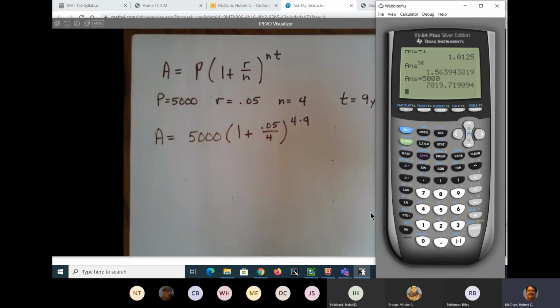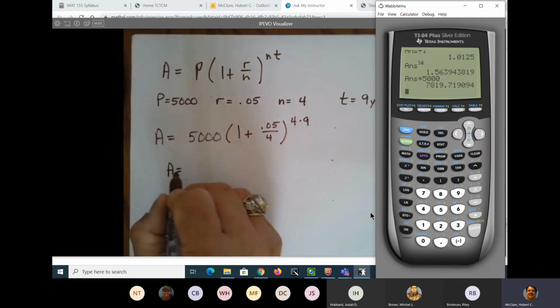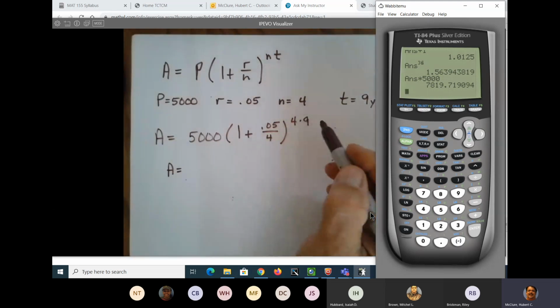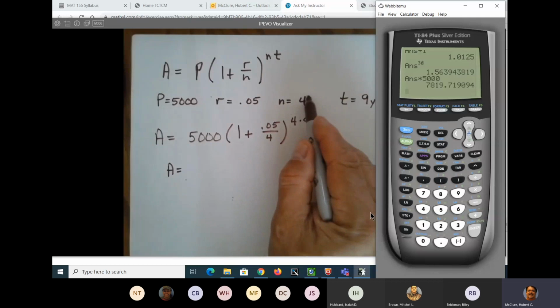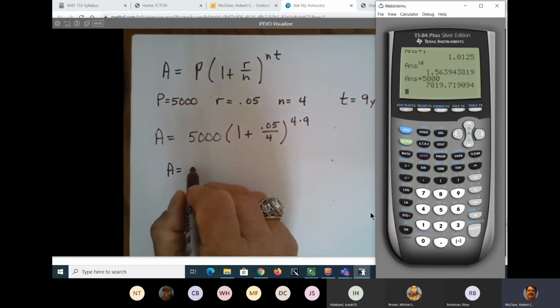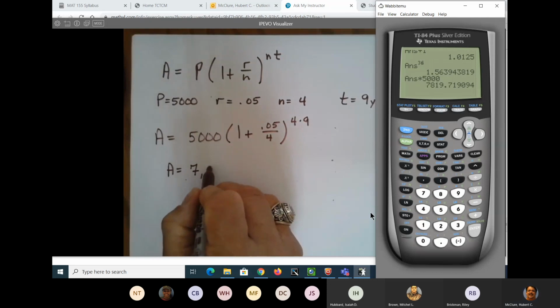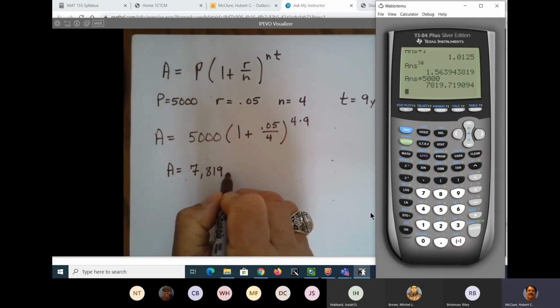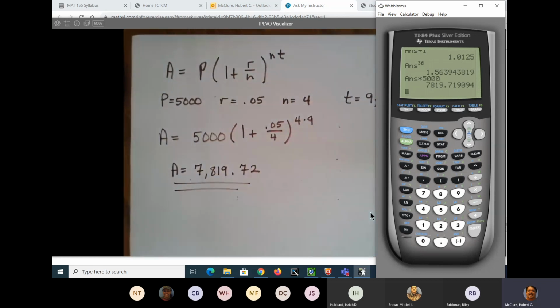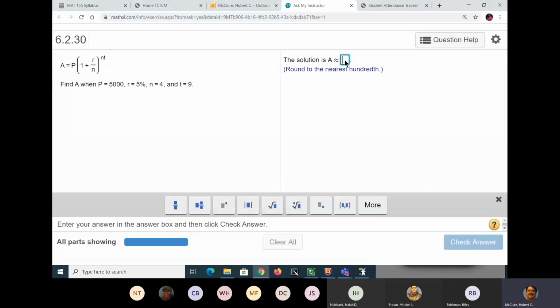$7,819.72. So at the end of 9 years, you only compound it quarterly now. That means every four times a year, the bank calculates your interest. $7,819.72.